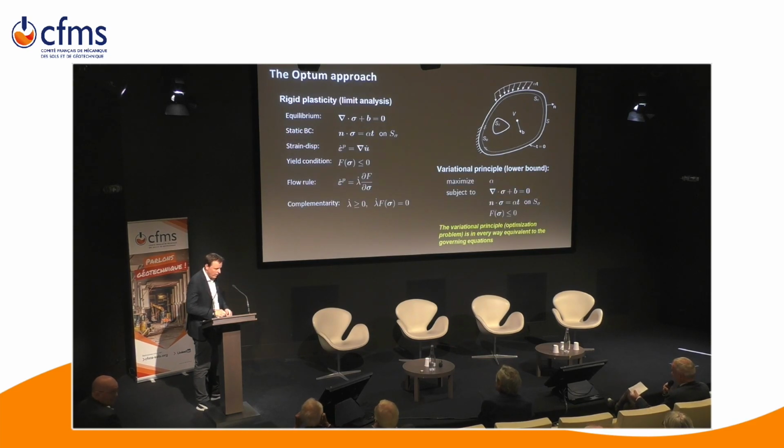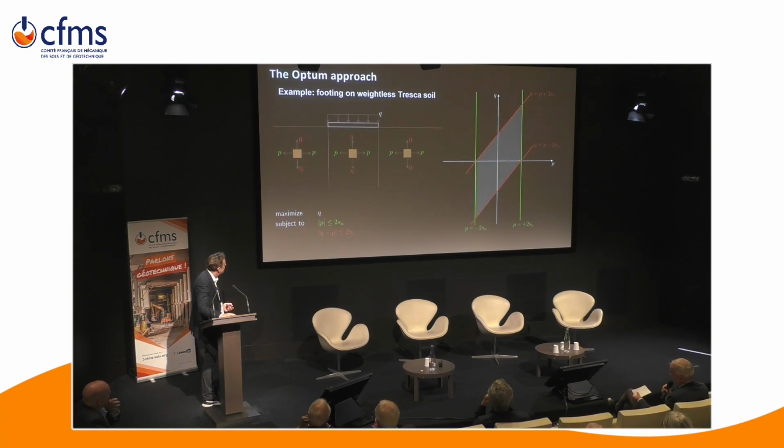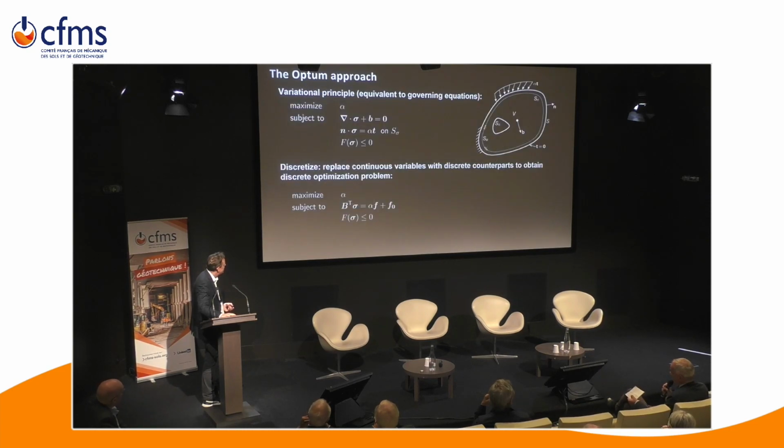Because associated flow rules for very deep problems mean that you involve a very large quantity of soil. So in that case, lower bound and upper bound diverge, and are very distant from each other. Can I still average them?